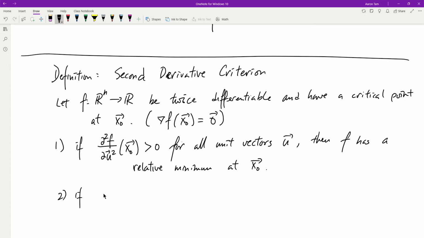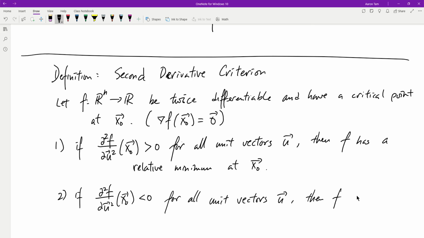2. If the second directional derivative in the direction of u at x sub 0 is less than 0 for all unit vectors u, then the function f has a relative maximum at x of 0.